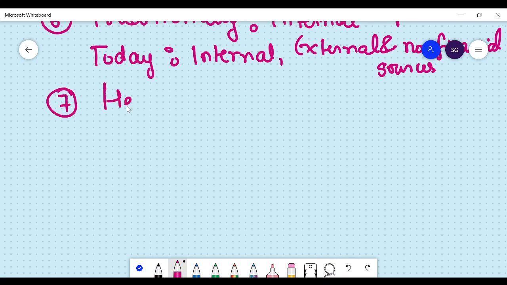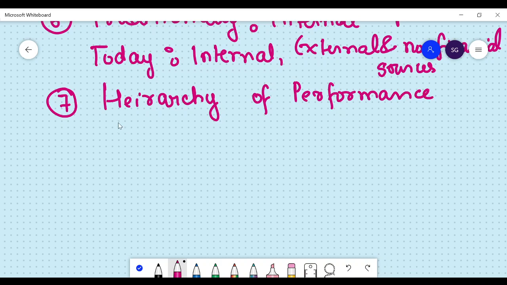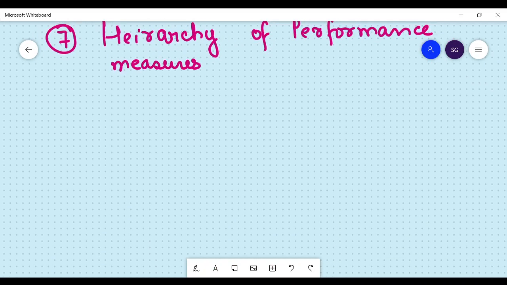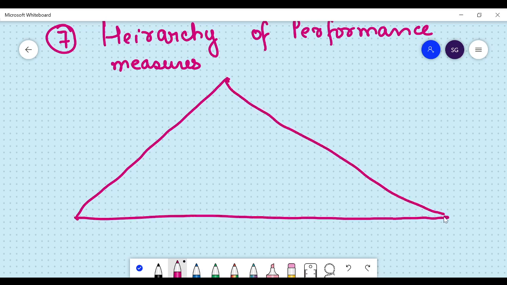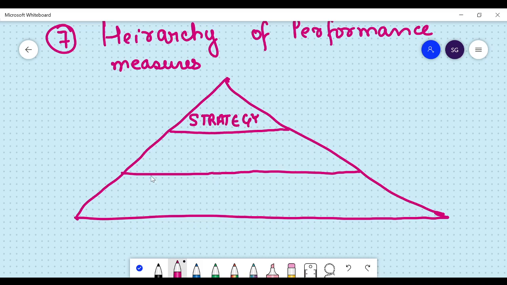Next is hierarchy of performance measures. This is a triangle which shows the hierarchy. We have three levels: strategy, which is the smallest you can see in the triangle.